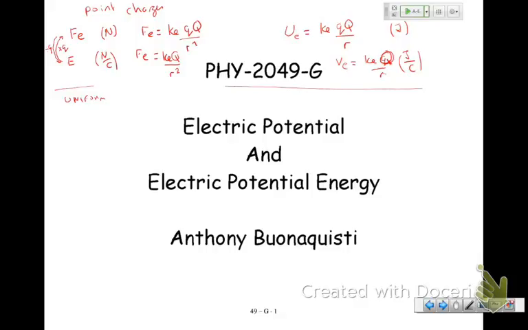What makes it even a little bit more complicated, and this came up with mechanics and we kind of washed over it a little bit. In mechanics, when you learned that PE or UG is equal to mgh, and you learned that KE, UK if you like, is equal to a half mv squared, we were cheating like crazy.